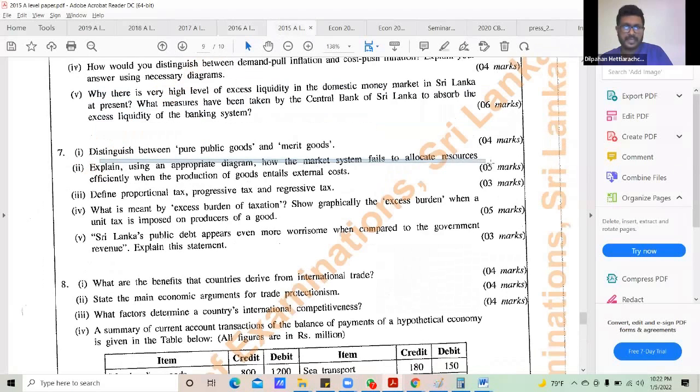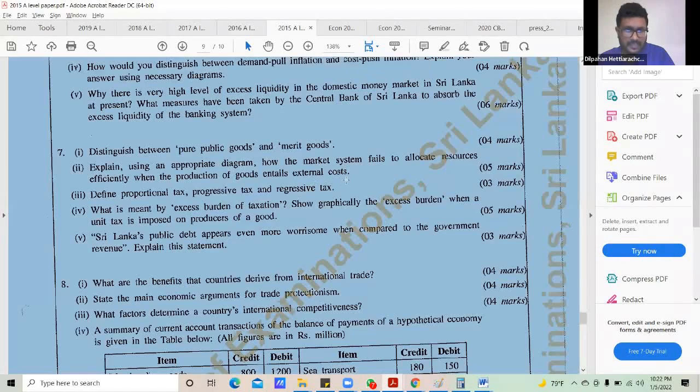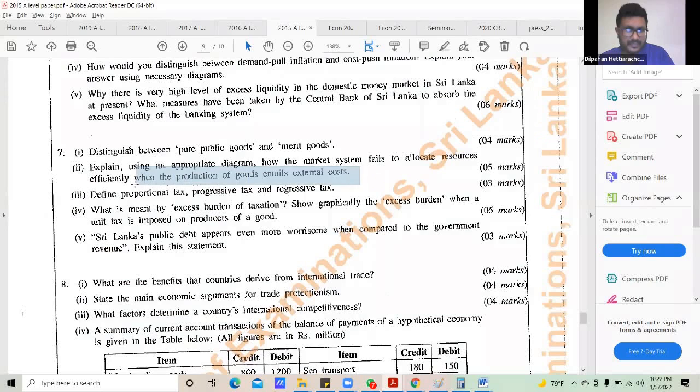And 2015, once again, there is a question. Explain using an appropriate diagram how the market system fails to allocate resources efficiently when the production of goods entails external cost.